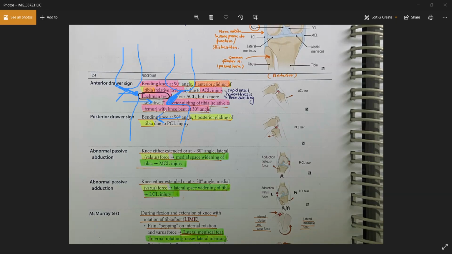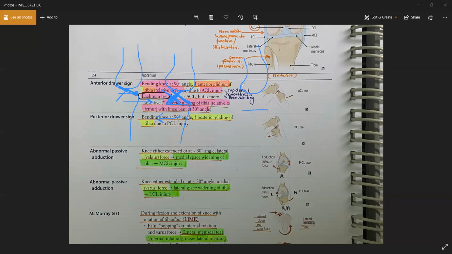So whenever I get damage to this ligament, my tibia can easily dislocate backward too much. The anterior cruciate ligament is here. If my posterior one gets damaged, what will happen with the posterior dislocation of my tibia?